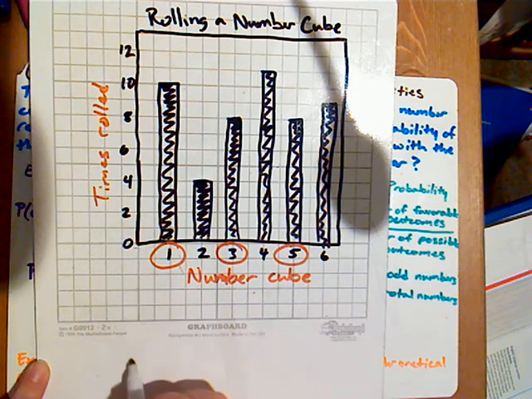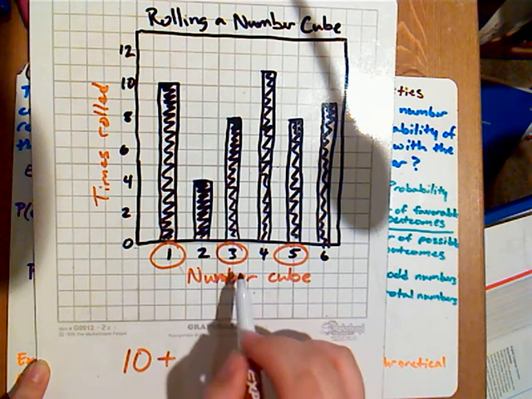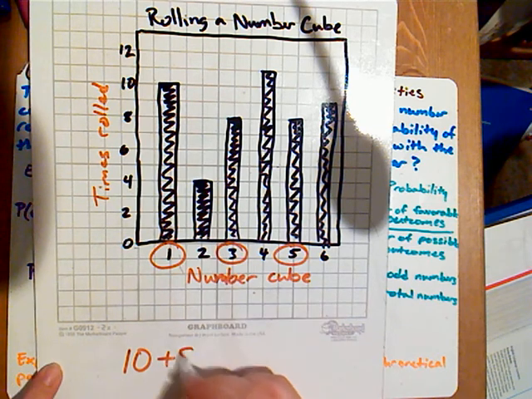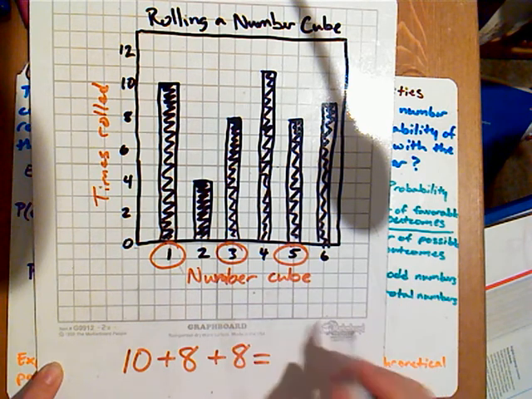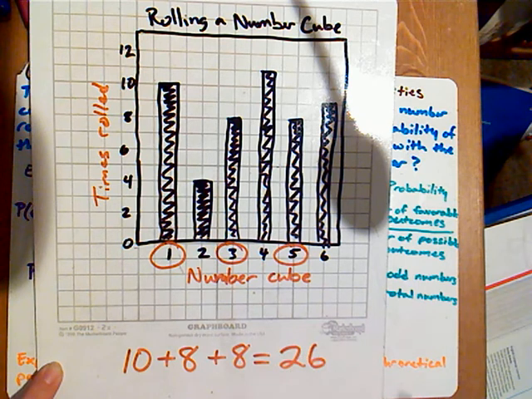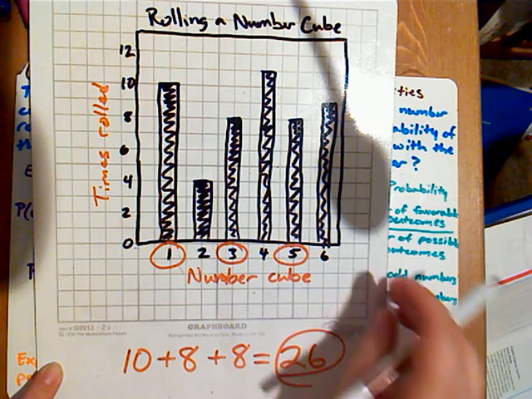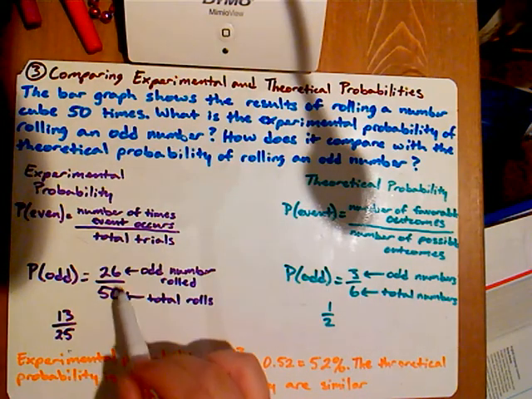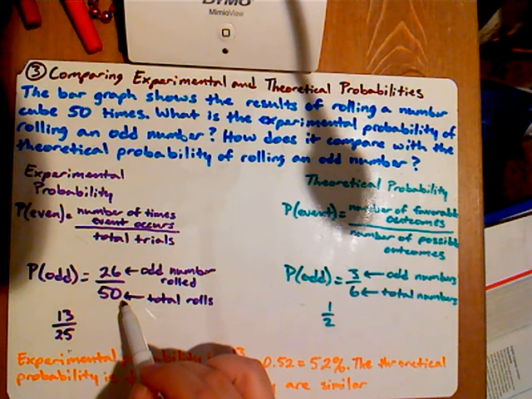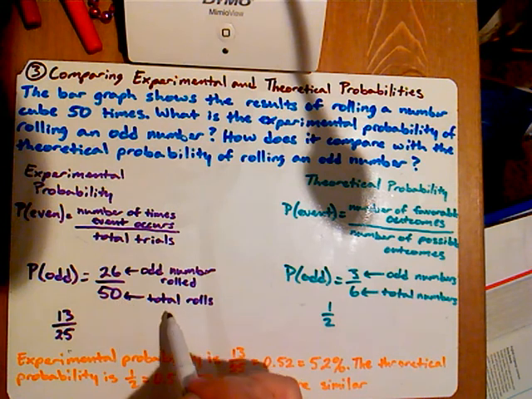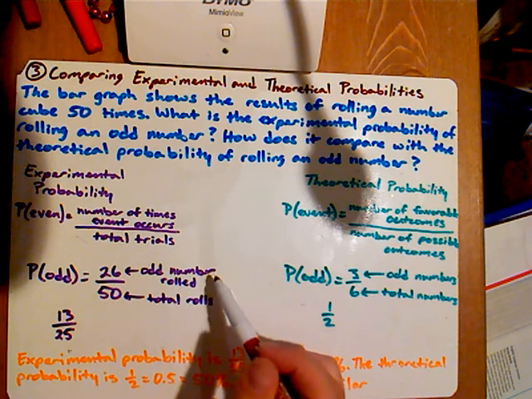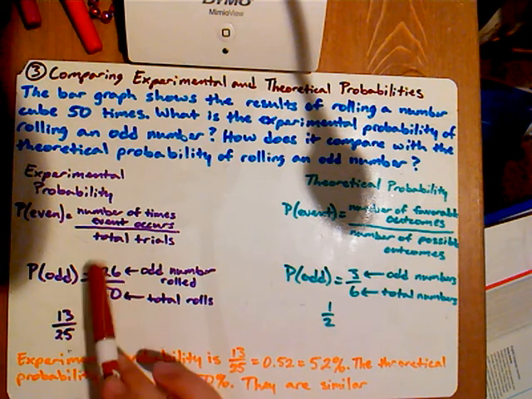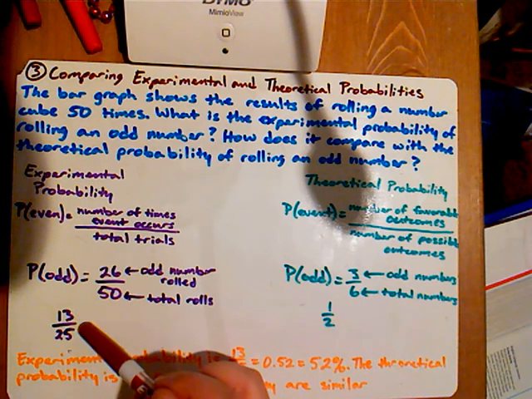So 1 is 10 times, plus the number for rolling 3 was 8, plus another 8. That's going to give us 26 total times rolling an odd number. So we've got 26 over 50. 50 is our total times that the number cube was rolled. 26 is the odd numbers rolled. When this gets reduced, it gets reduced down to 13 over 25.